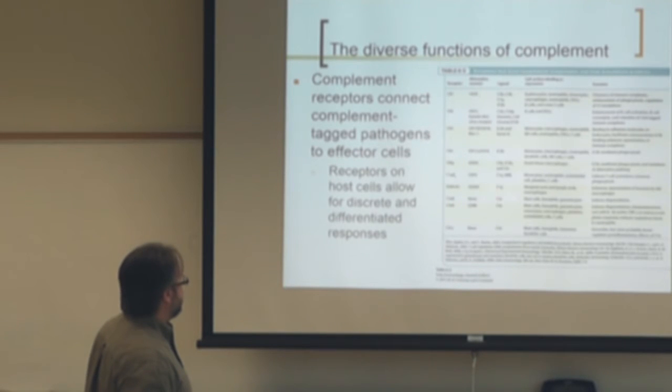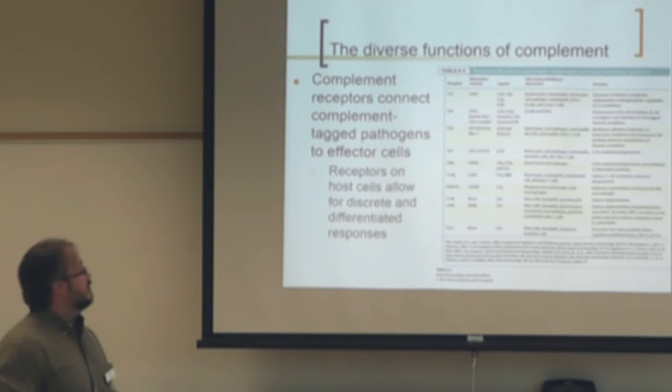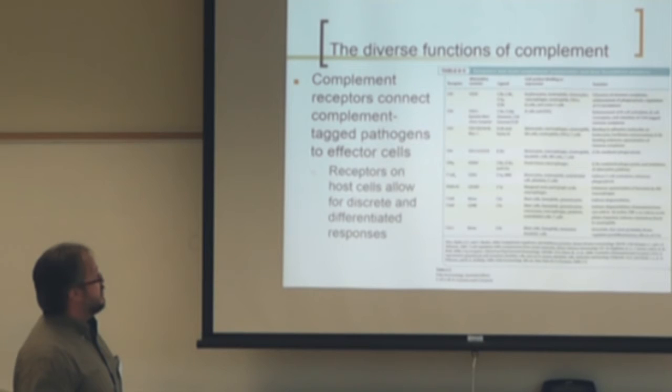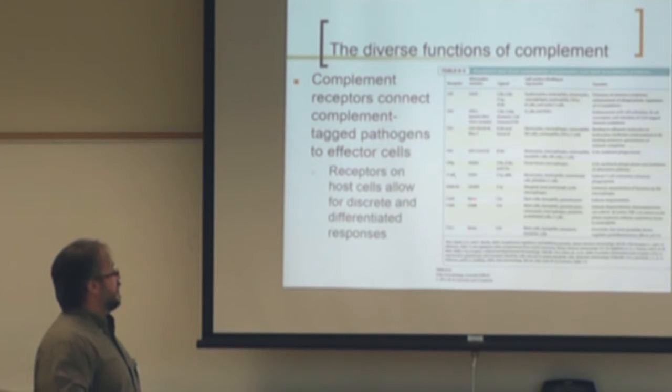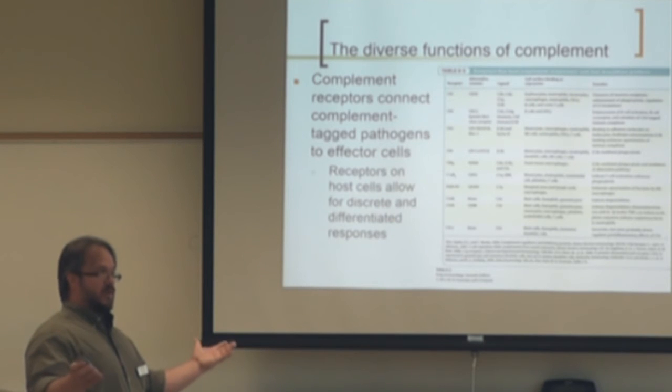Degranulation, down to C3a. So some of these are going to induce phagocytosis, whereas others are going to induce degranulation of the cell. For example, if this granulocyte sees its target of C3a, it's going to degranulate. So it's going to spit out its granules.